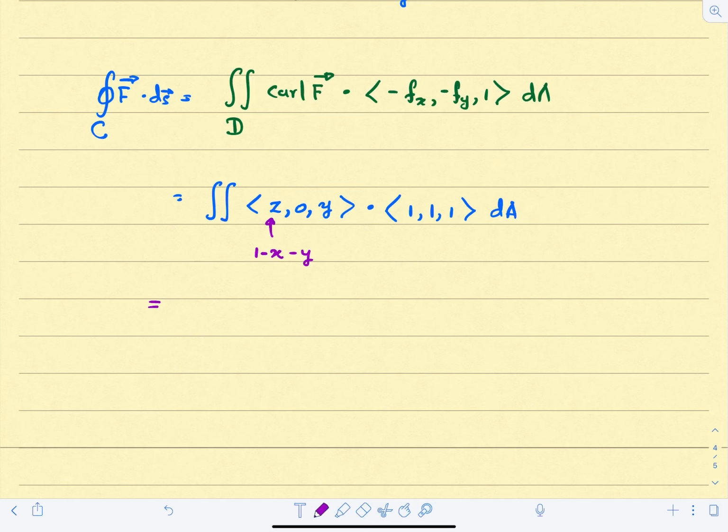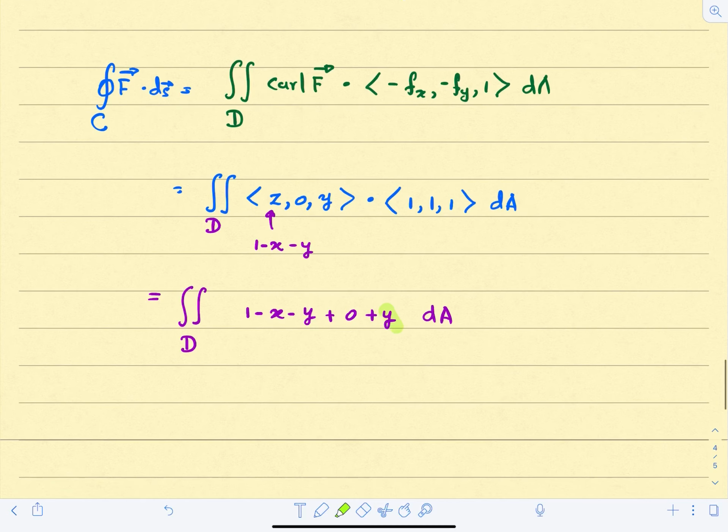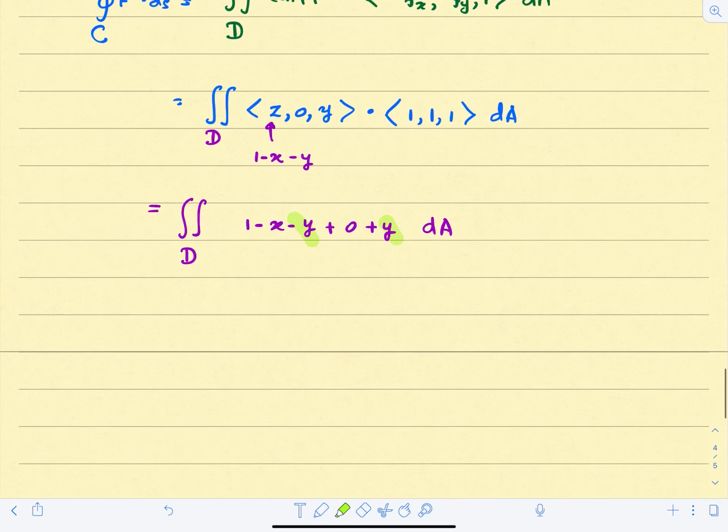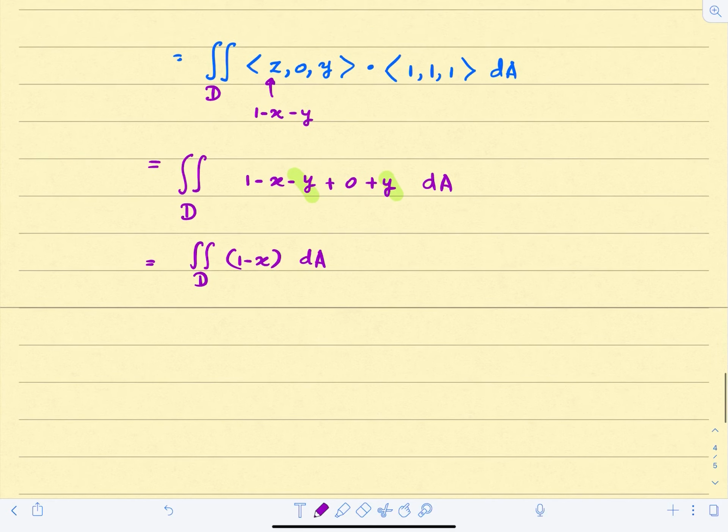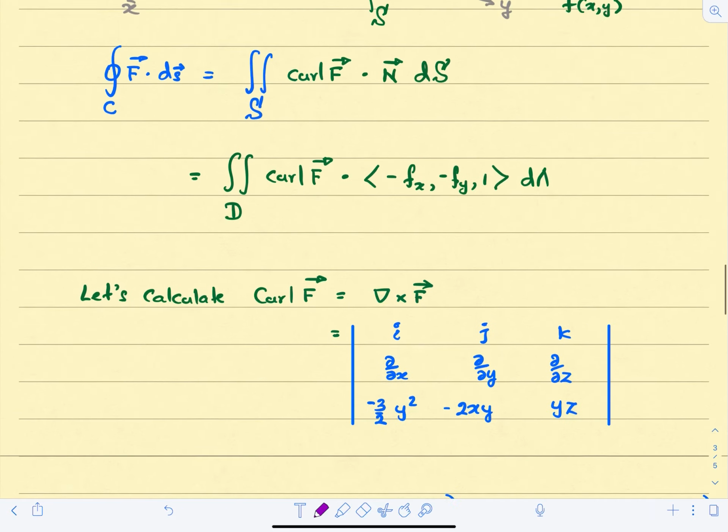So this is over the domain D. This becomes 1 minus x minus y plus 0 plus y, over the domain D. We can eliminate y, so basically we are left with 1 minus x dA. Now let's look at what our domain D is.